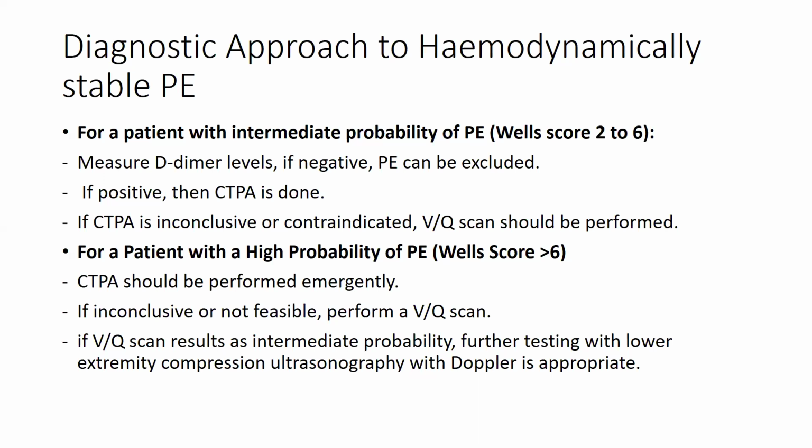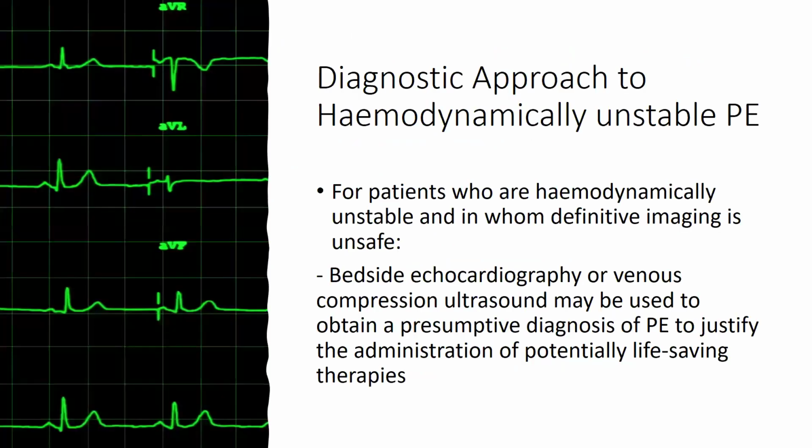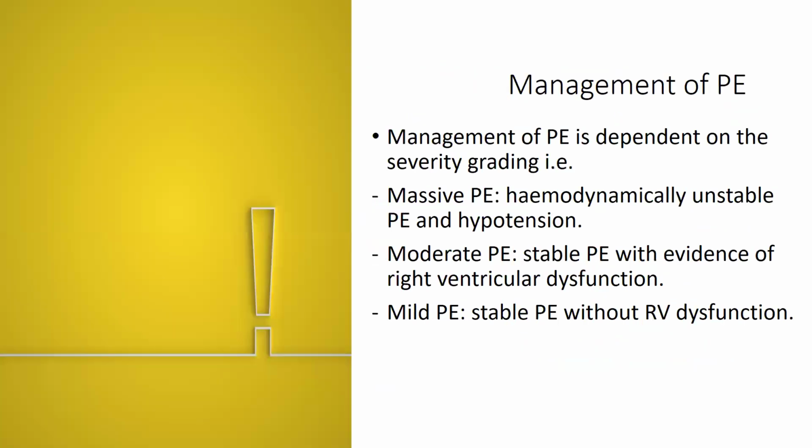Now, if you're able to decide that there's a presence of DVT with your compression ultrasonography, go ahead and manage this patient as a case of PE. Okay, so I mentioned some of this before. Bedside echocardiography and venous compression ultrasonography are useful, and it's very important, especially in potentially life-threatening PE in high-risk patients.